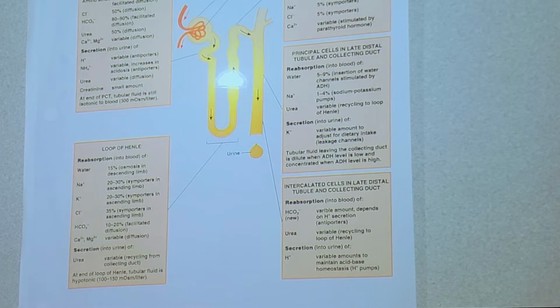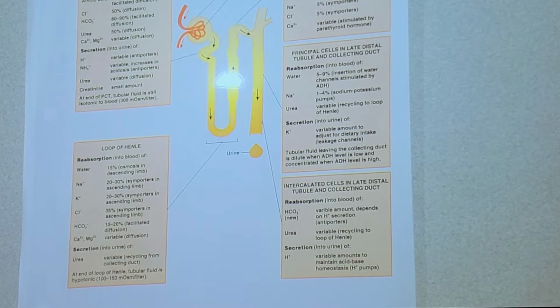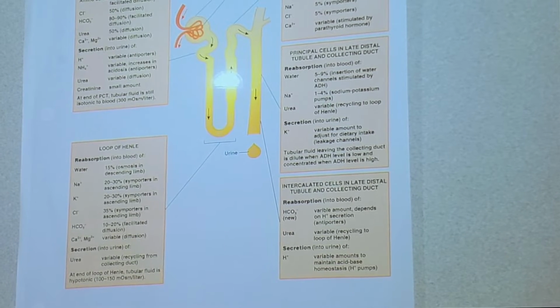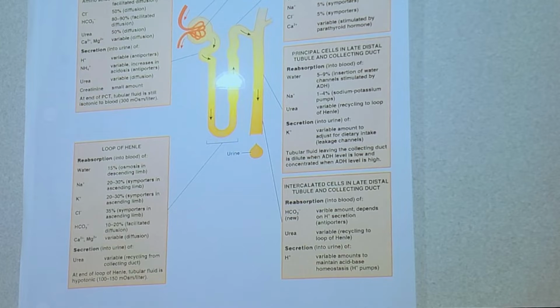Right below is the distal convoluted tubule. Right below that is the collecting duct. On the lower left is the loop of Henle, and these are all reabsorptions, and at the bottom you have the tubular secretions.